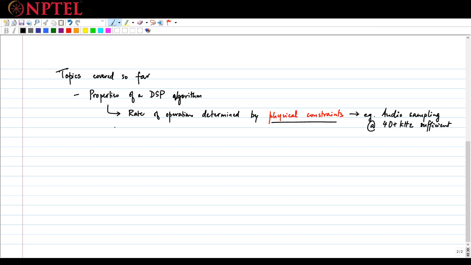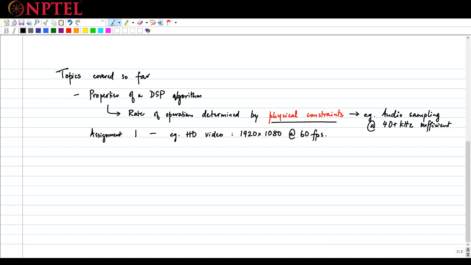Problem 1 in assignment 1 was in fact related to that, right? So when we had assignment 1, what we had was, for example, HD video, right? And the size over here I said was 1920 cross 1080 at 60 frames per second, right?